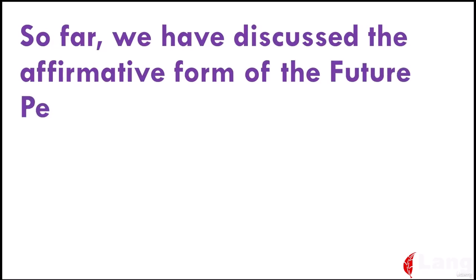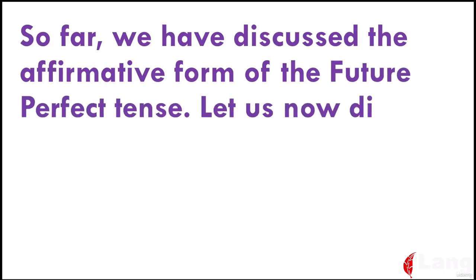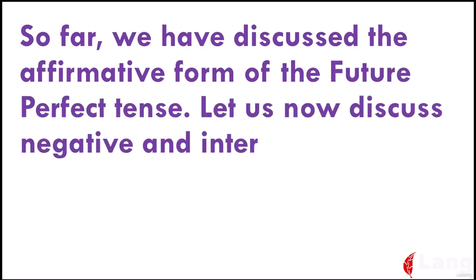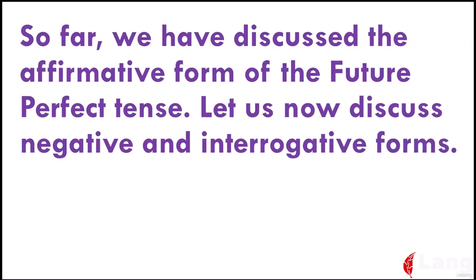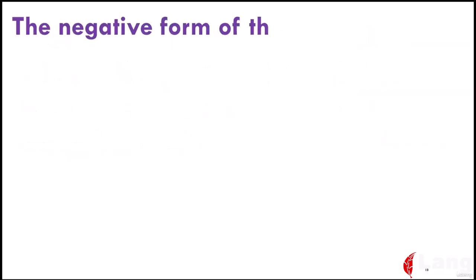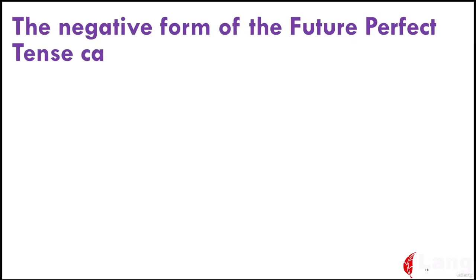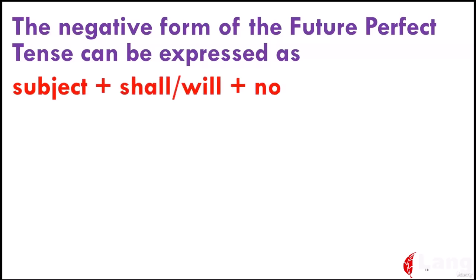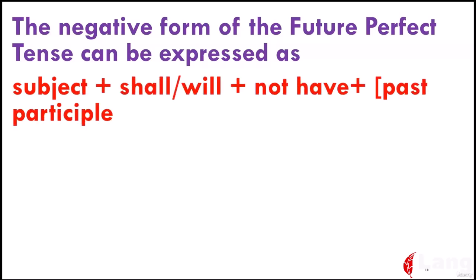So far, we have discussed the affirmative form of the future perfect tense. Let us now discuss the negative and interrogative forms. The negative form of the future perfect tense can be expressed as subject plus shall or will plus not have plus past participle of the verb.